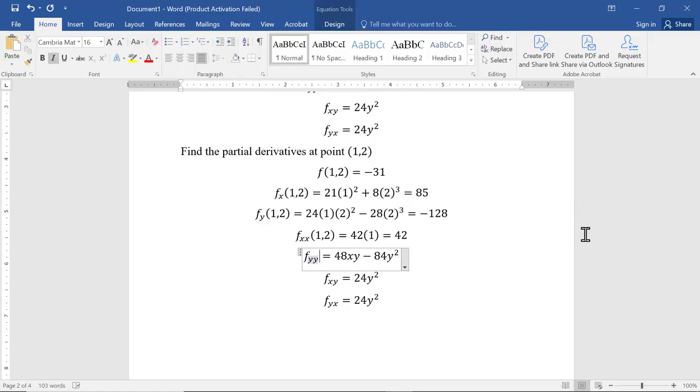F sub yy at the point 1, 2 gives me, I don't know what that's going to be, but we'll figure it out on my calculator. So I'd take 48 times 1 times 2 minus 84 times 2 squared. And I got negative 240.